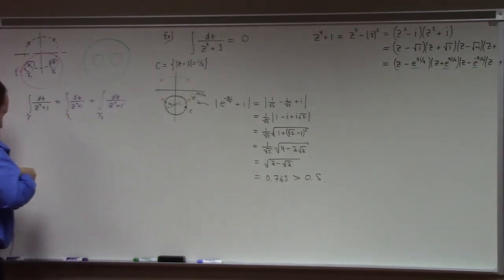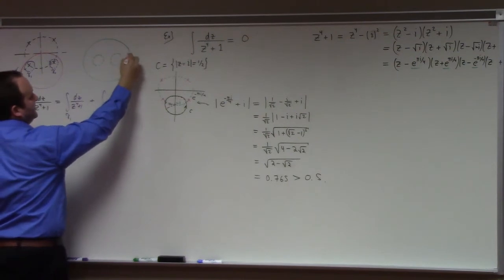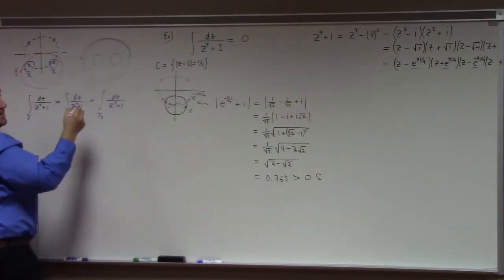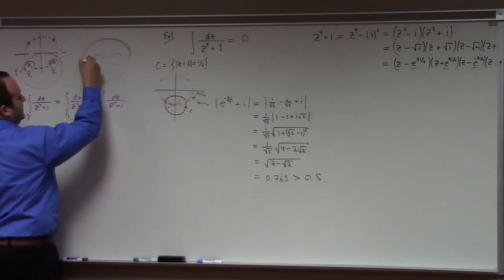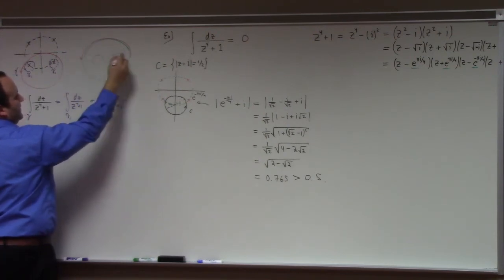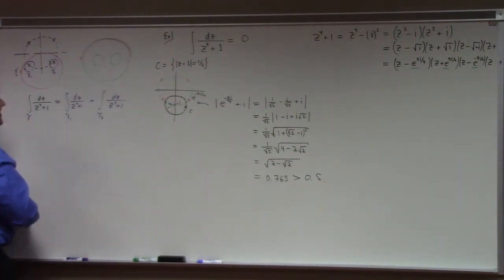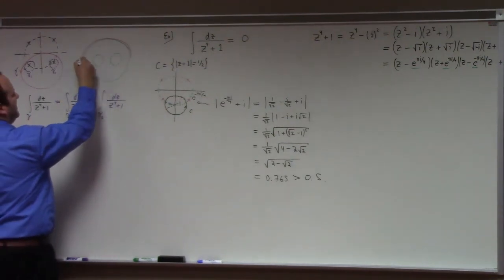Basically, the argument is something like this. Gamma you can break up into two pieces. It's this piece up here, and then this piece, and then this piece, and this piece down here.